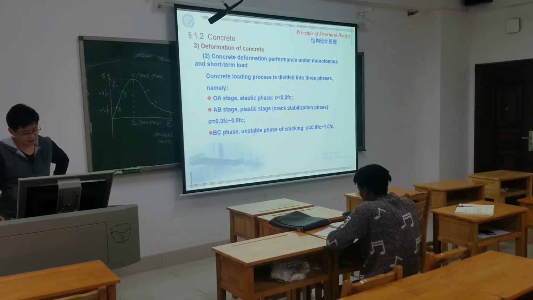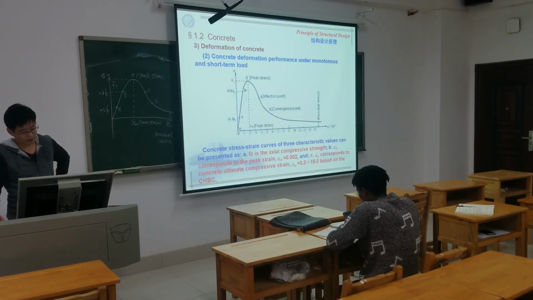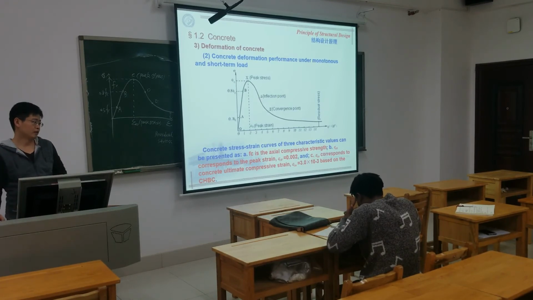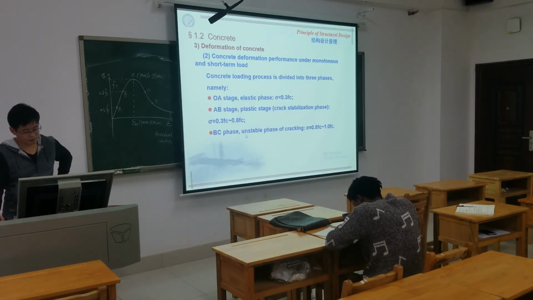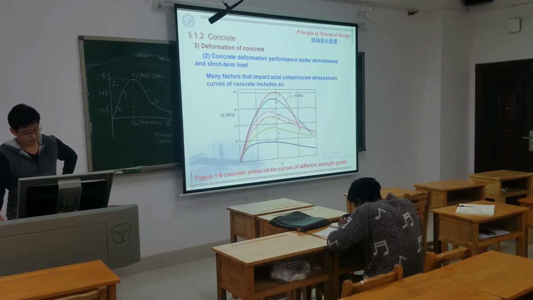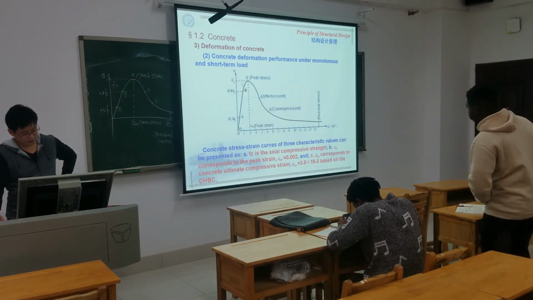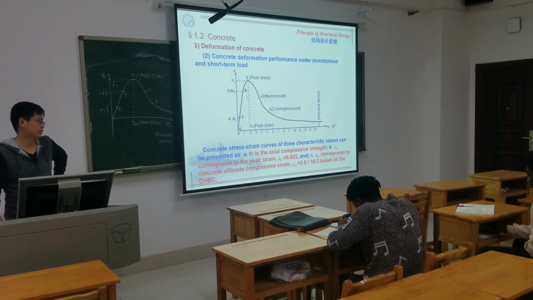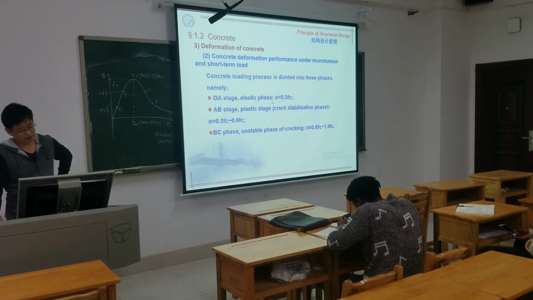The BC phase is the unstable phase of cracking. So on this curve, OA is the elastic stage, AB is the plastic stage, and BC is the unstable phase.